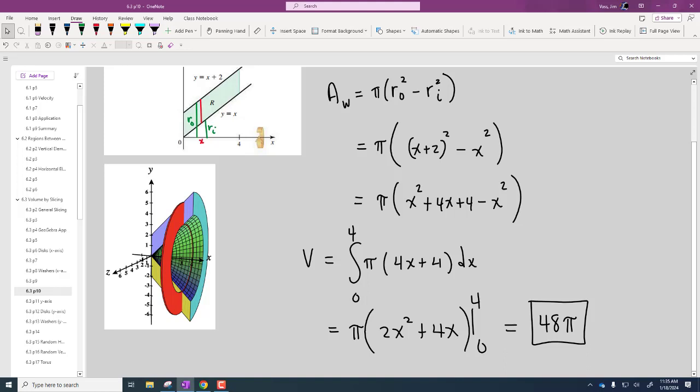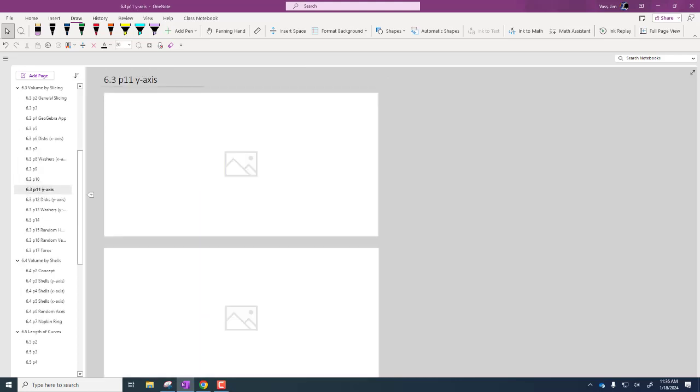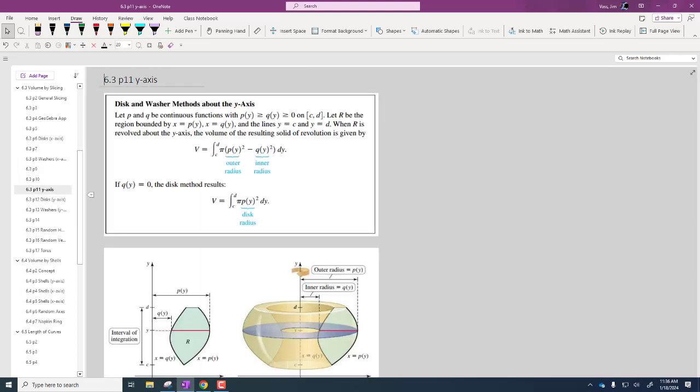So a lot of Calc 2 and Calc 3 boils down to really pretty basic geometry: finding the area of a washer, finding the area of a disc, finding the area of a cylinder, which we're going to do next. So let's turn our head sideways.